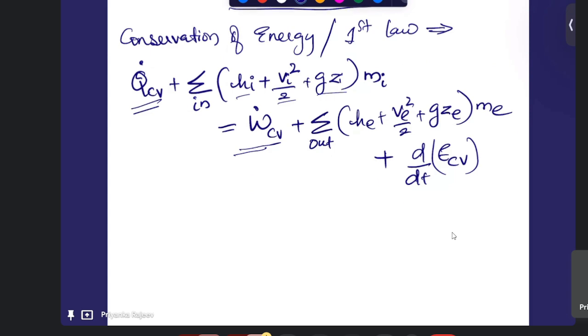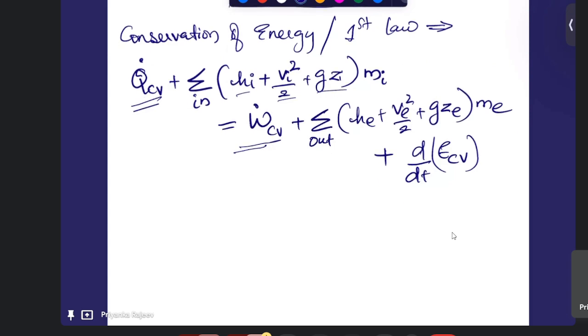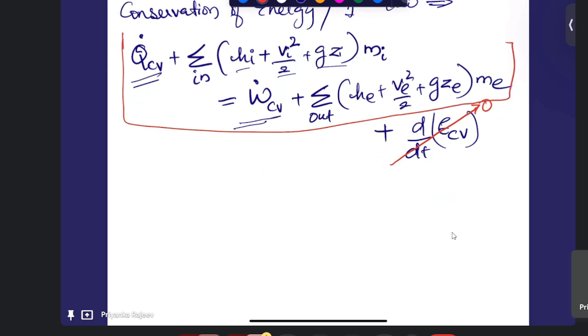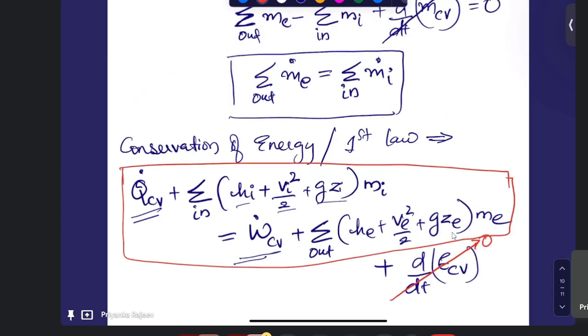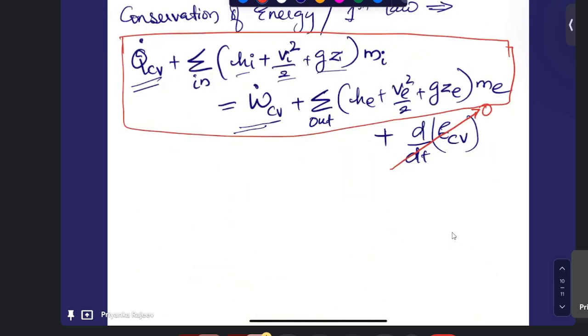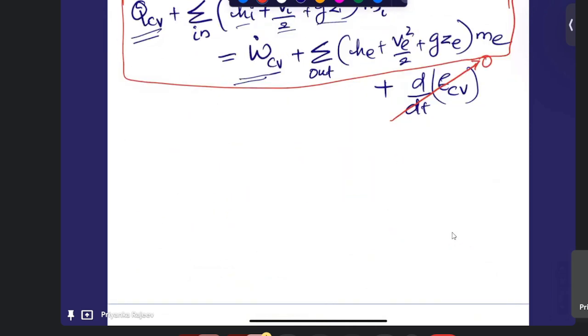Now you can see steady state means there is no change in total energy of the control volume with respect to time. So the d by dt term will go to zero. So you will be getting this equation in steady state. That is the only change. Steady state means any change with respect to time, that term can be neglected.